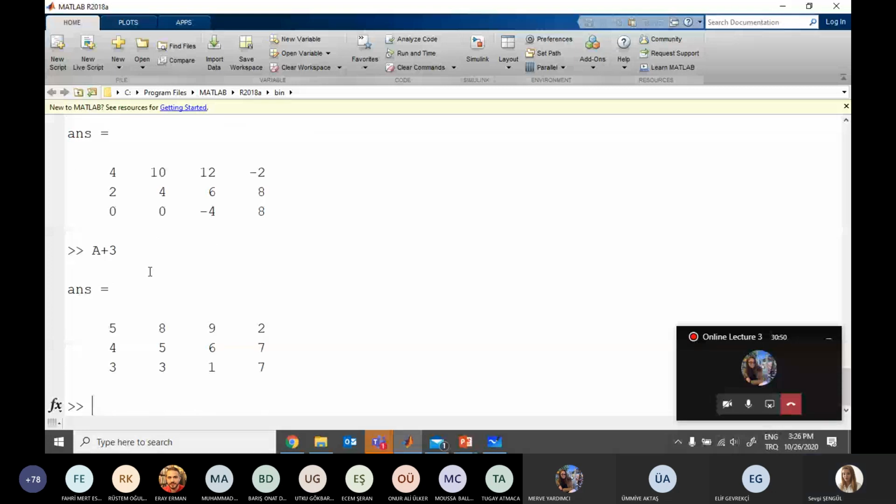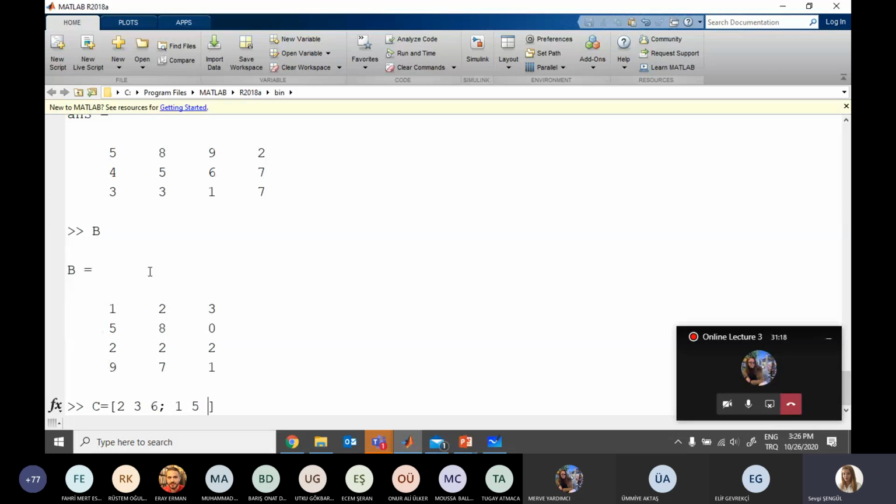And also, if you are multiplying two matrices, let's say B times B. Let me remind you B first. B was that. But let me define a square one, C. And C is 2, 3, 6, 1, 5, 8.